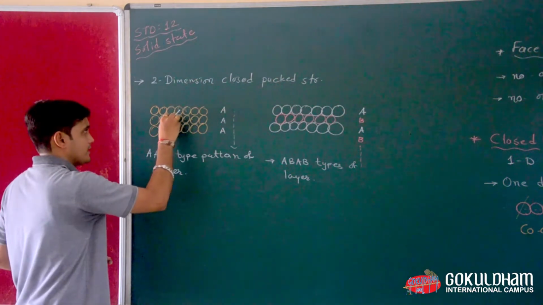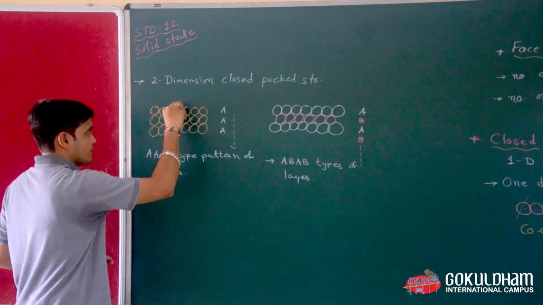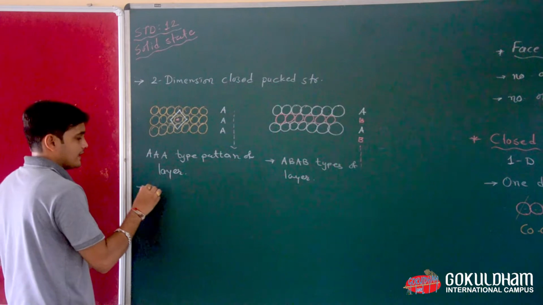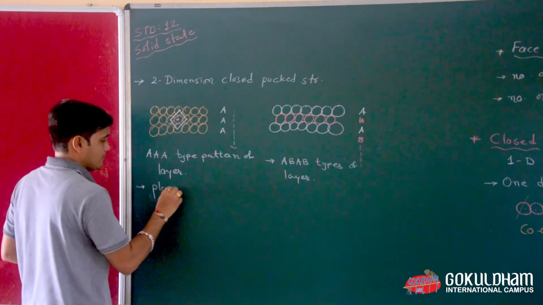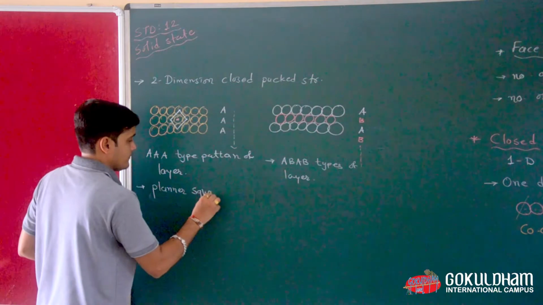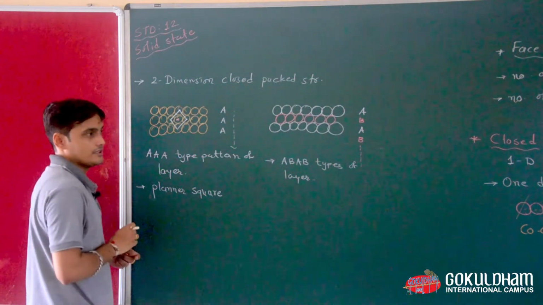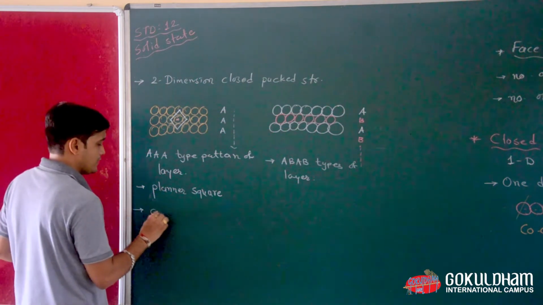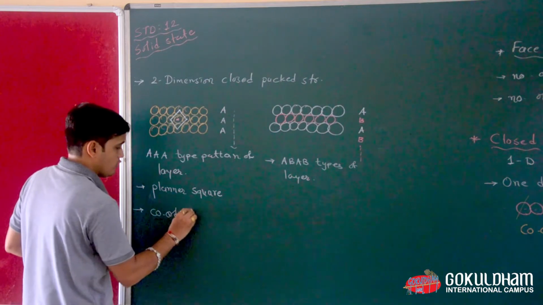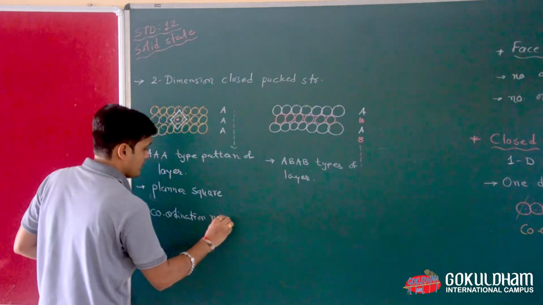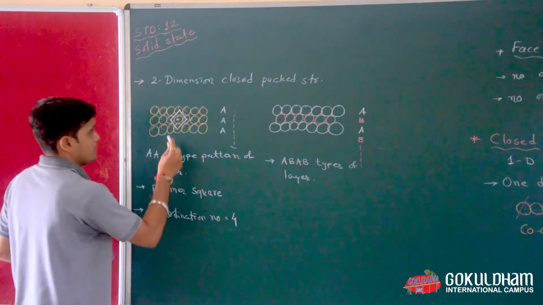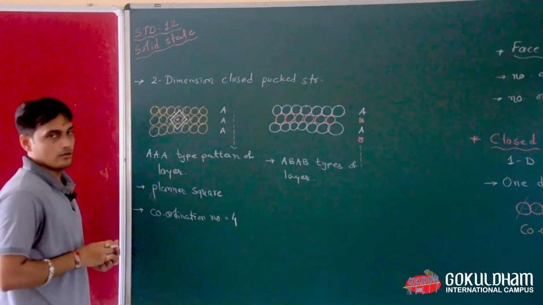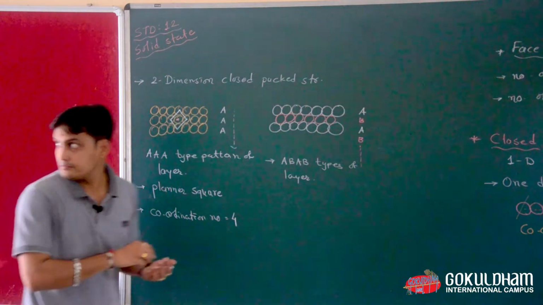So you can connect these four molecules like this, and you will get a planar square shape. In one dimension you saw a linear shape, in this planar shape the coordination number is equal to 4 because this center atom is directly in contact with 4 molecules or atoms.